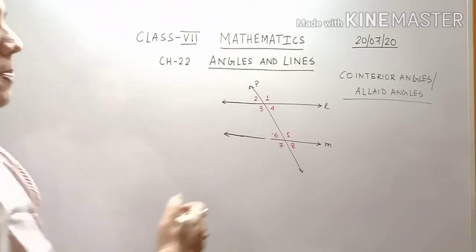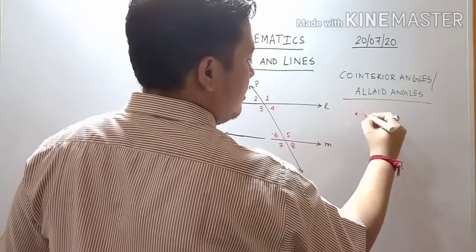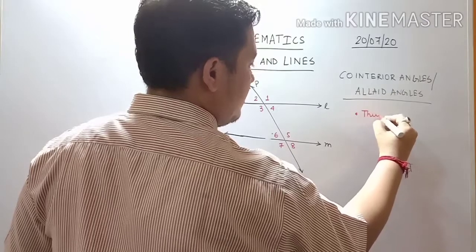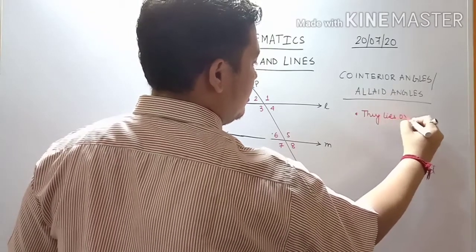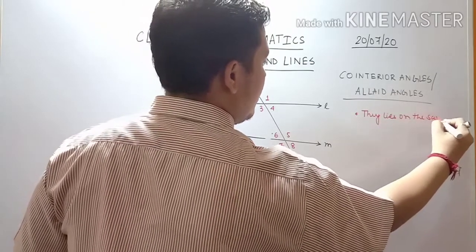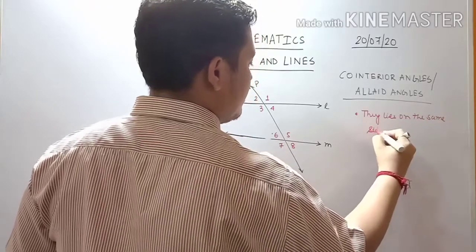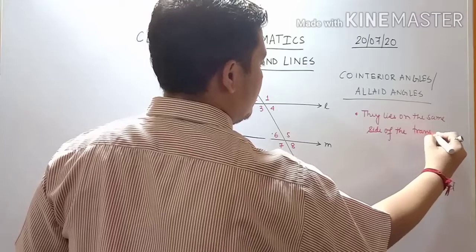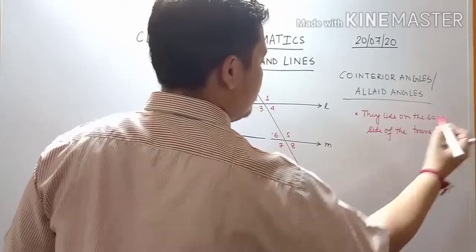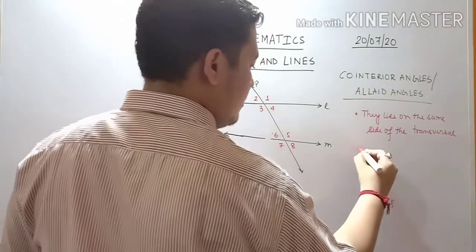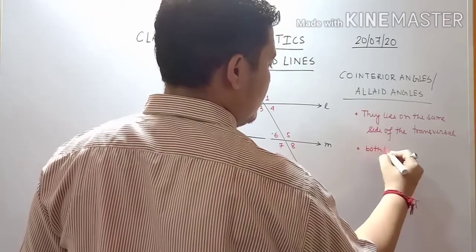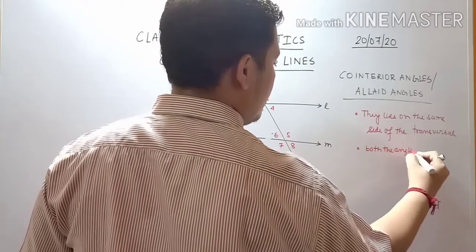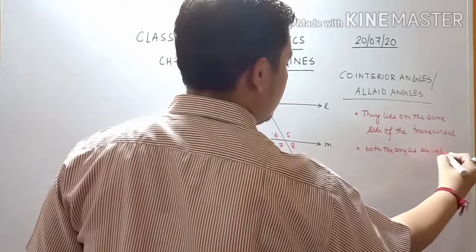Co-interior angles: they lie on the same side of the transversal. Second, both the angles are interior.